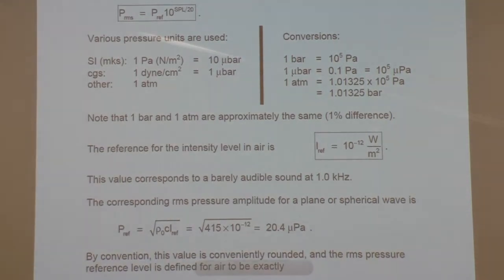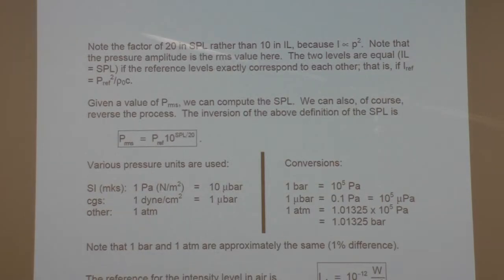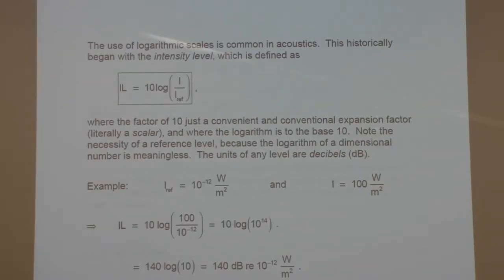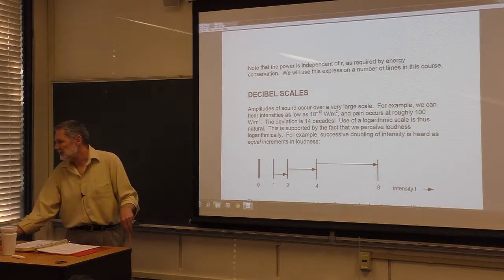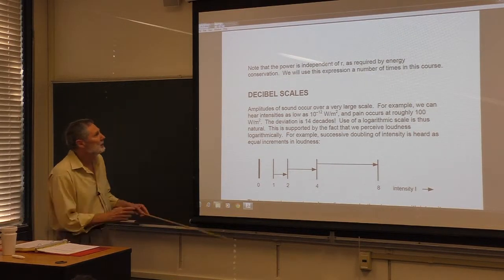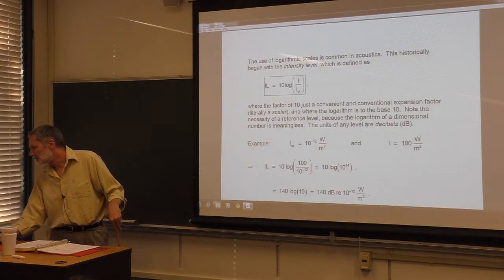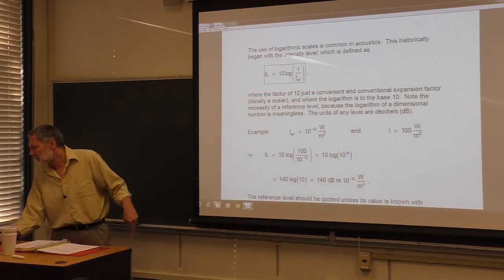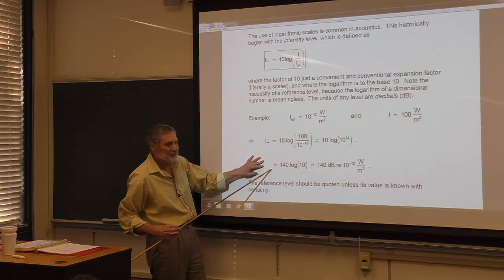And they would state it, as I mentioned to you. So you, of course, stated, and people still do. I just did it in an article I published this year. Now this is the intensity level.